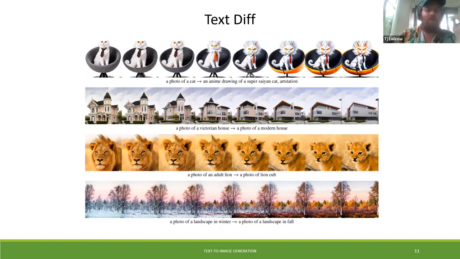I thought it was very interesting that they could do old to young. I don't know how realistic they are in terms of actually capturing an adolescent lion, but the season change with the landscape is very interesting. They don't explicitly say it in the paper, but I found a Reddit post saying that this last example might be a little cherry-picked, only due to the fact that they are the same forest and landscape within different months of the year. So they were kind of cheating a little bit.